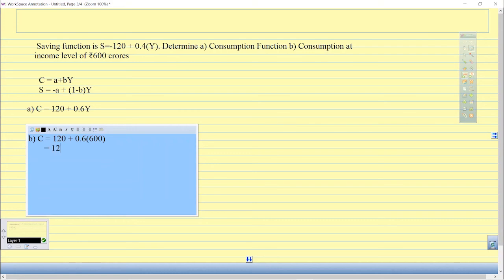That is equal to 120 plus 0.6 into 600, which is 360. That is equal to 480.